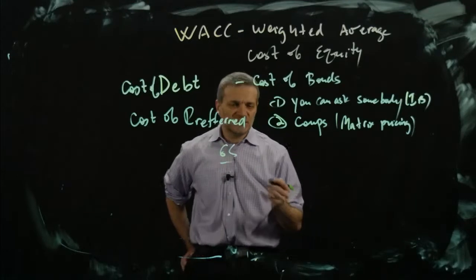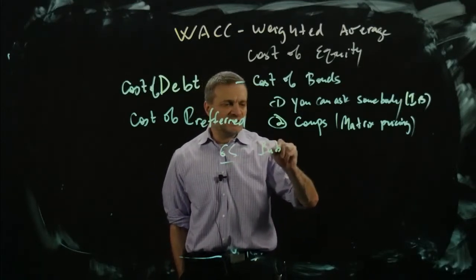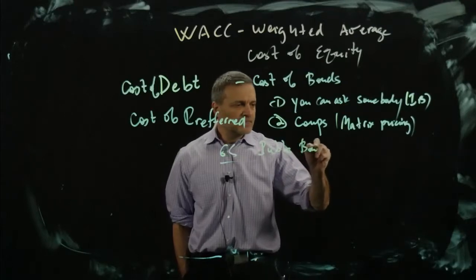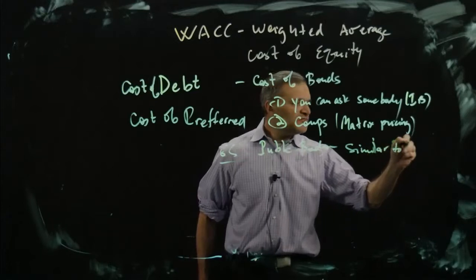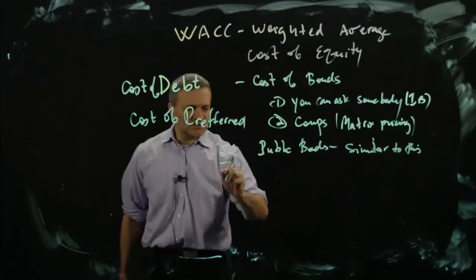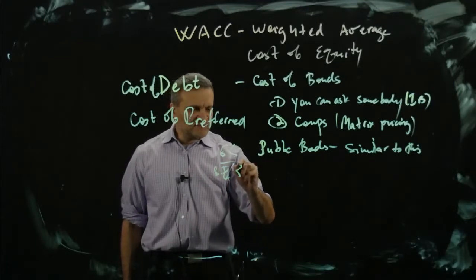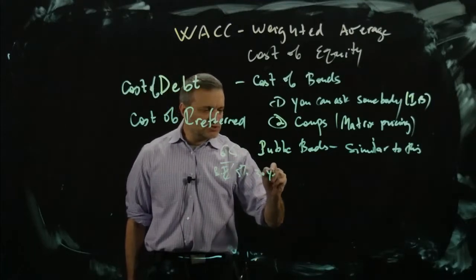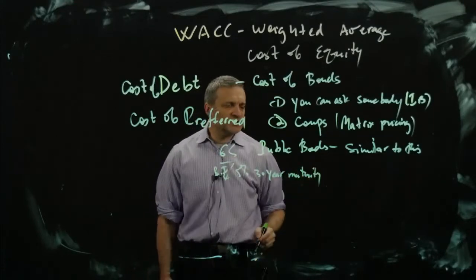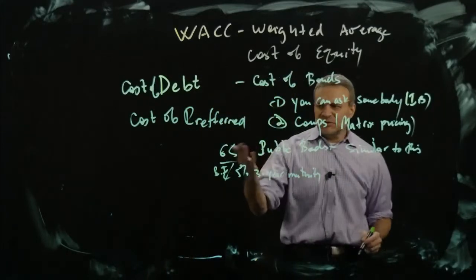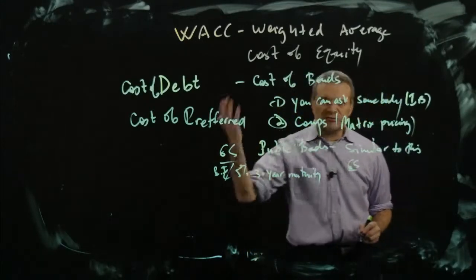It's actually very simple. All you need to do is to search in public bonds similar to this. For example, if this privately issued bond has, let's say, a 5% coupon and 30-year maturity, you can go to the public markets and look at Goldman Sachs bonds and locate a bond which is close to this bond.